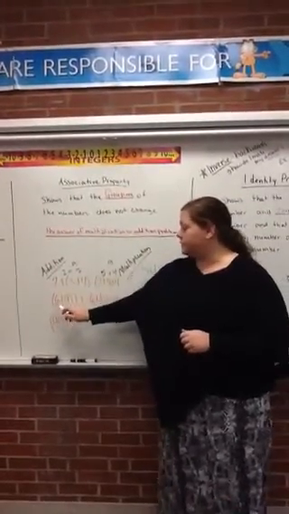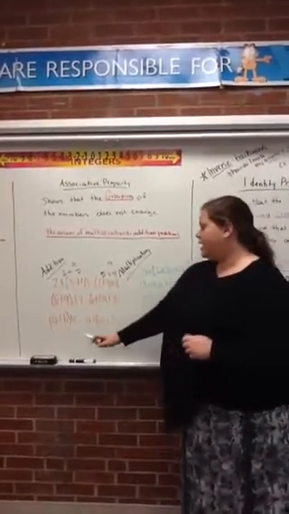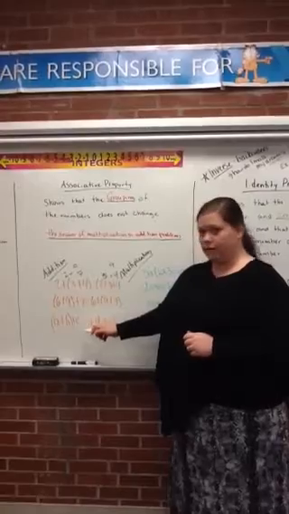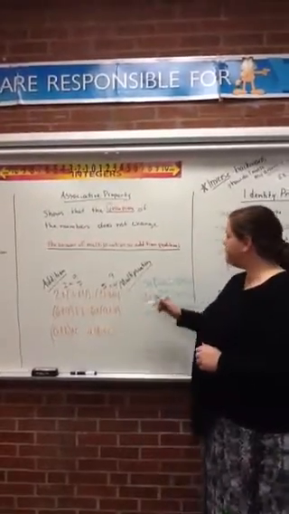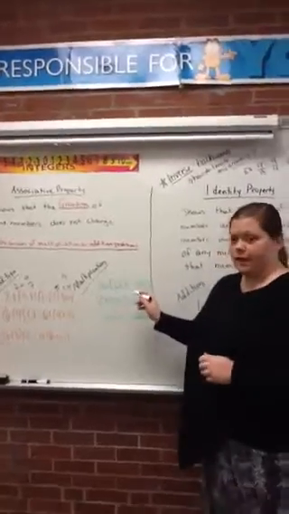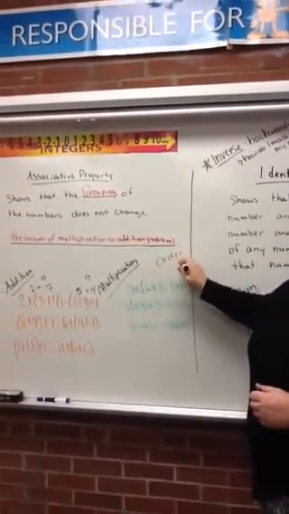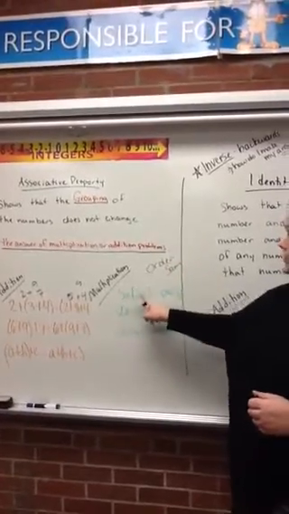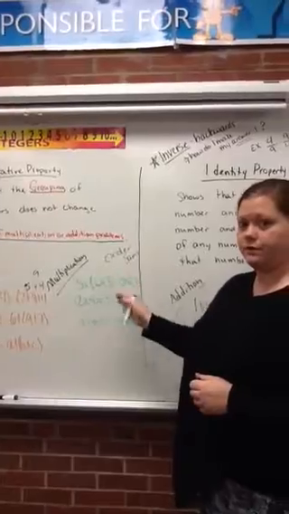Same thing with 6 plus 9 plus 7, and 6 plus 9 plus 7. And then A plus B plus C on the outside is the same thing as A plus B plus C. Same thing with multiplication. Order is the same. Have to be in the same order. 2, 5, 3 and 2, 5, 3, but the parentheses are in different places.